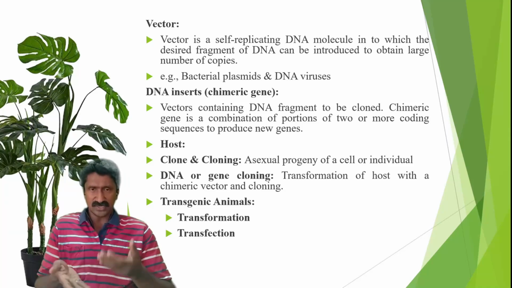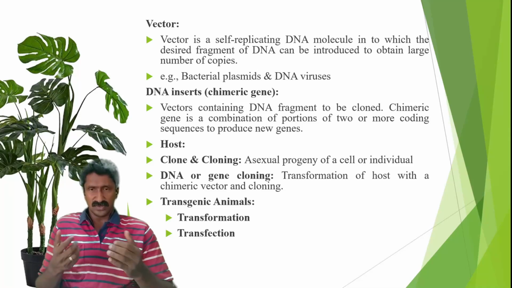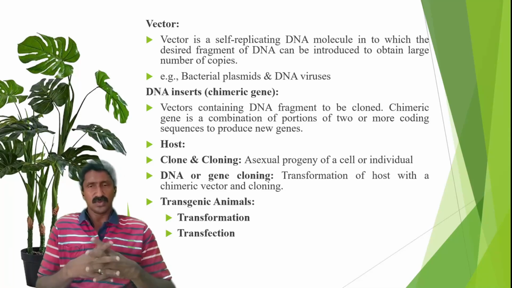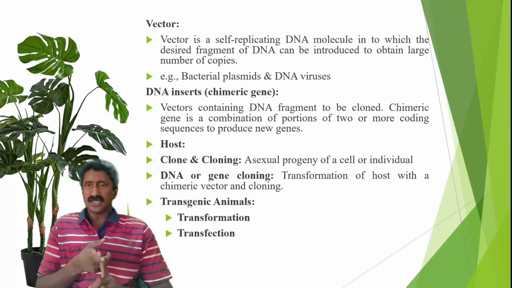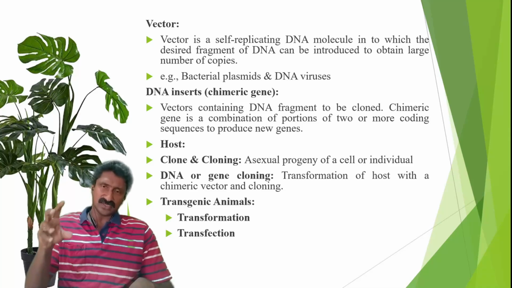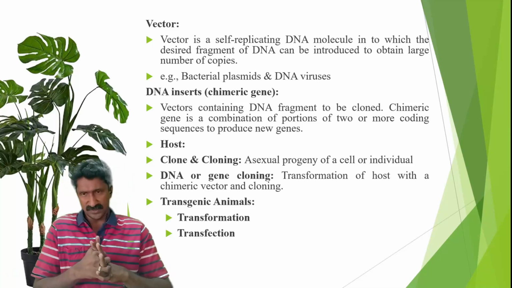So this chimera or recombinant DNA is a combination of portions of two or more coding sequences to form new genes. And the host is the host cell into which this DNA insert or the plasmid or the chimeric gene is subsequently inserted so that it will be expressed in that host cell.